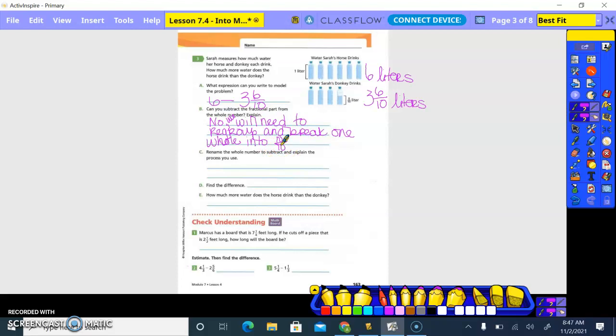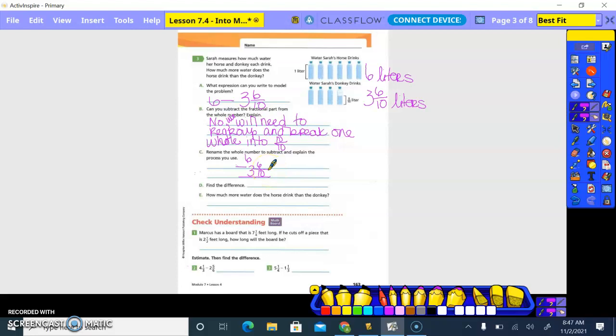Okay, so rename the whole number to subtract and then explain the process we use. So we kind of just explained the process, right? Okay, that we were going to use up there. So let's go ahead. And so we said we would take 6 minus 3 and 6 tenths.